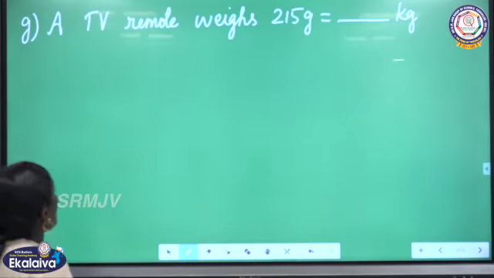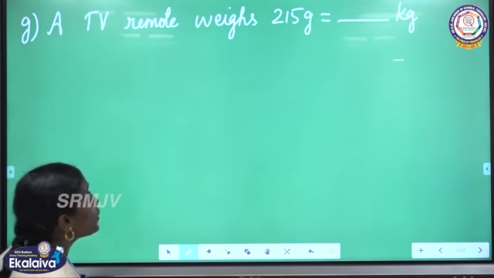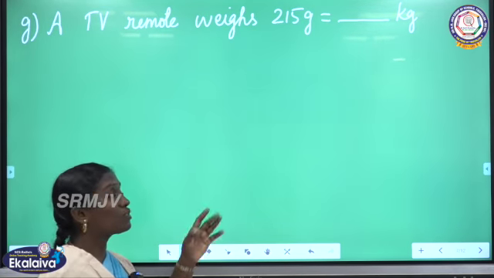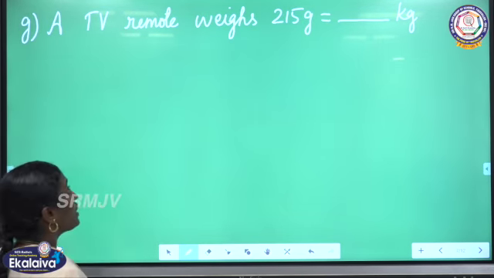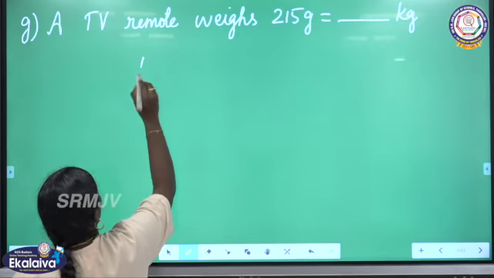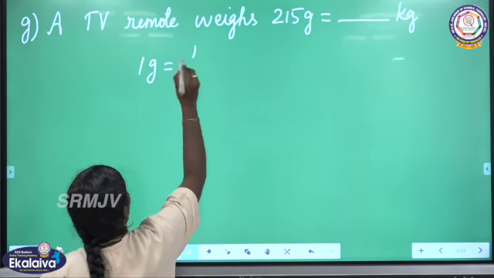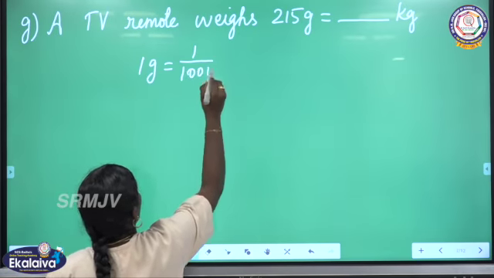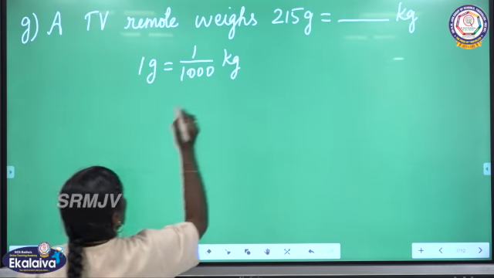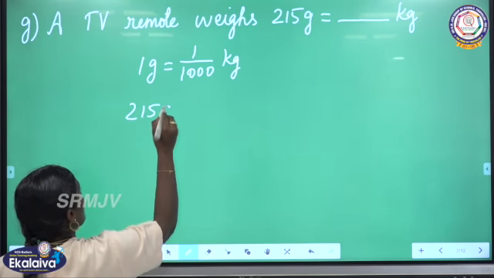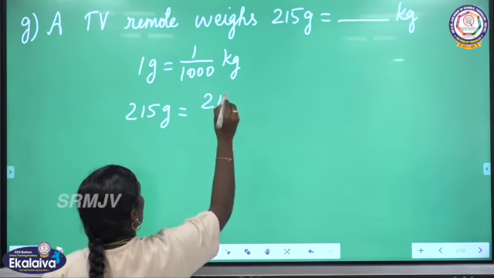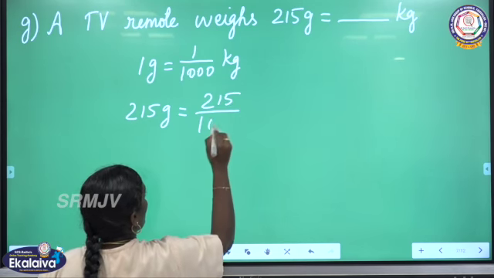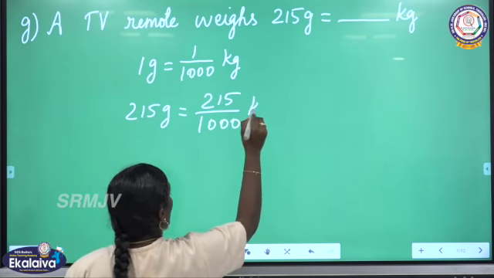The next one, a TV remote weighs 215 gram. We have to write the answer in kilogram. Smaller unit to greater unit. So 1 gram is equal to 1 by 1000 kilogram. Here 215 gram is equal to 215 divided by 1000 kilogram.